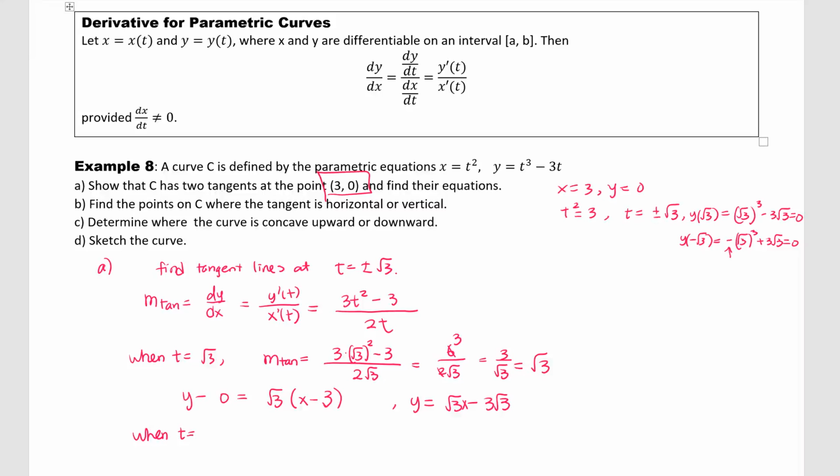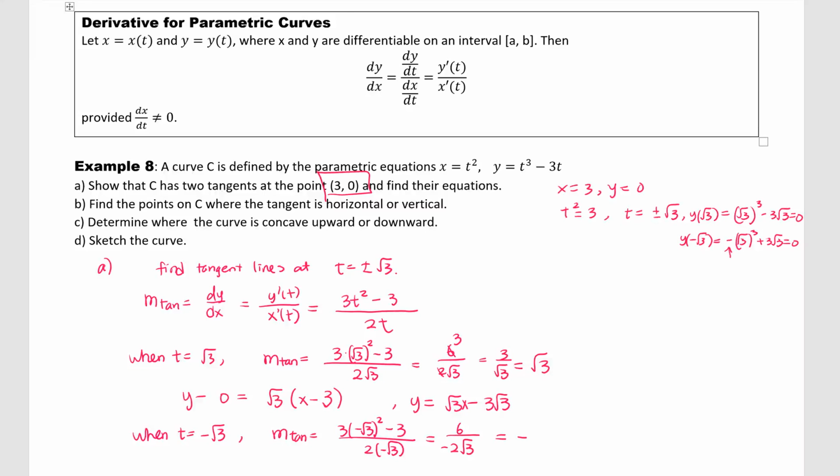And when t equals negative square root of 3, what happens? Well, m tangent is 3 times negative square root of 3 squared minus 3, over 2 times negative square root of 3. And negative square root of 3 squared is also 3. So in the numerator we still get 6, but the denominator is negative 2 square root of 3.